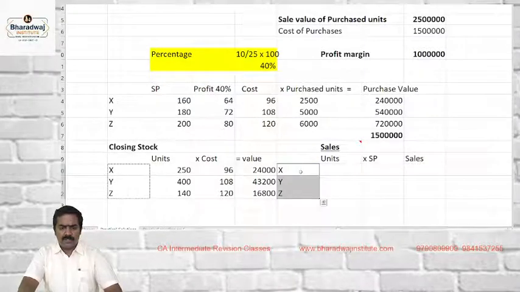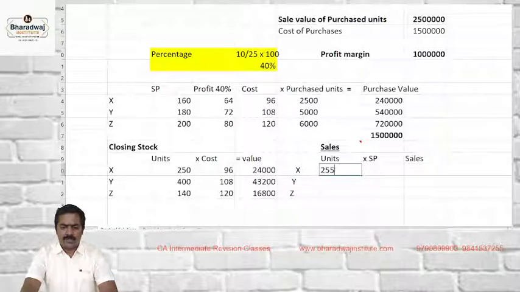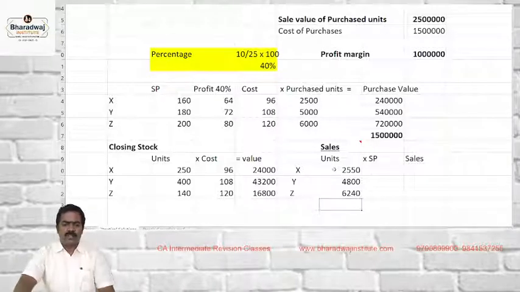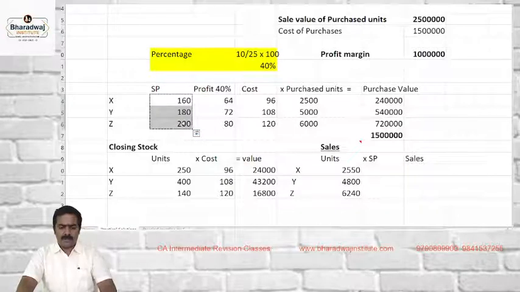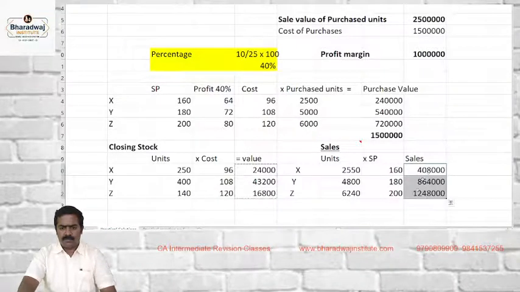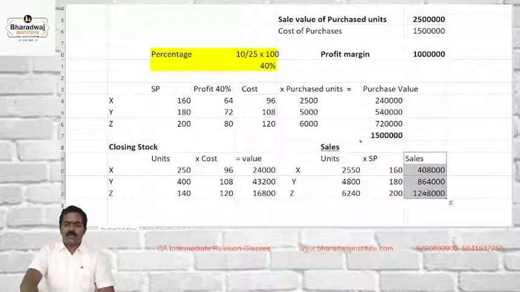What is the sales units given? 2,550, 4,800, 6,240. This into selling price will give us sale value. This is the sales to be recorded in trading account.